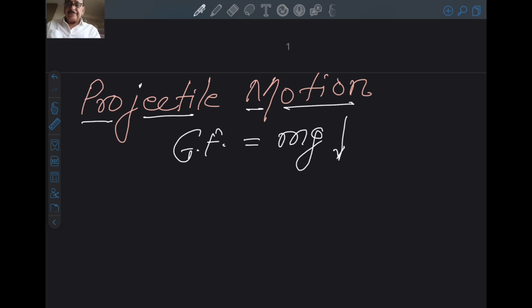In this case, one thing we should know is that when the force does not change its direction and magnitude, then we resolve all vector quantities along the horizontal and vertical directions. Why?